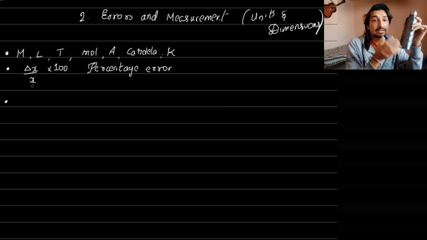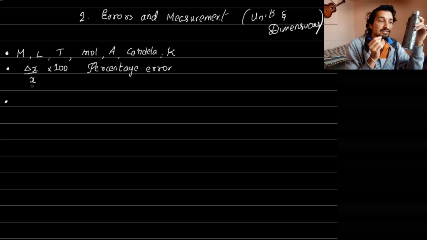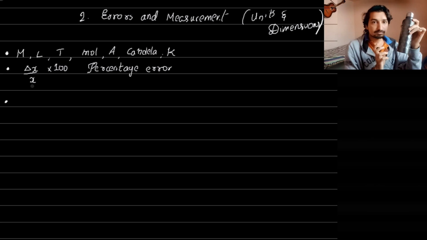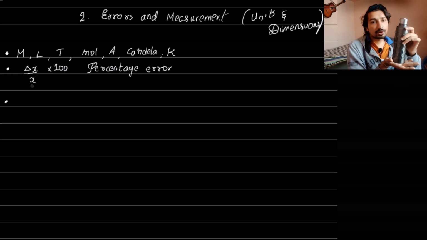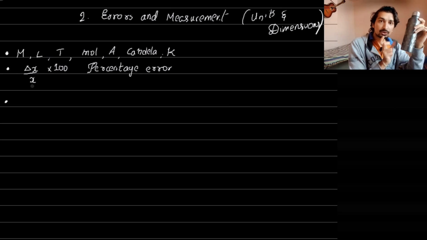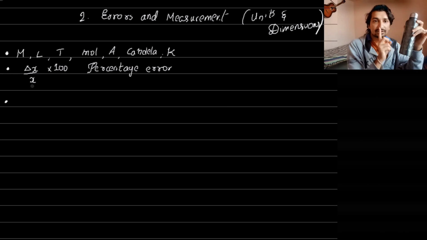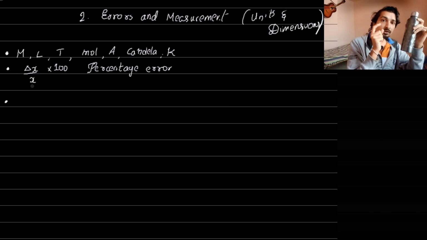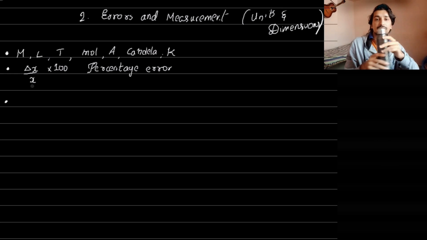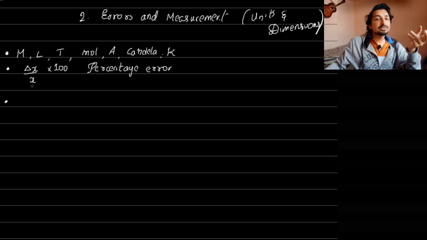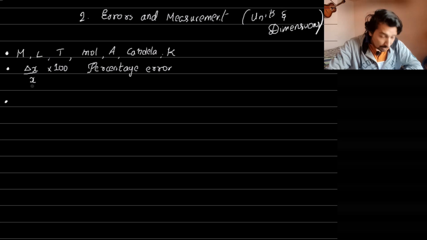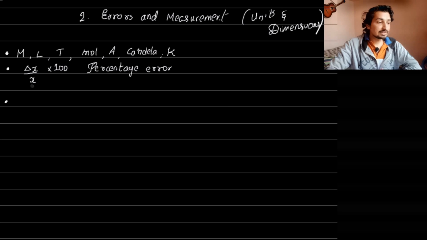I take the average and subtract each value from that average. Say I got the average 10.15. First reading was 10.1, so the difference is 0.05. Second reading was, say, 10.2, so 10.15 minus 10.2 is 0.05 again. Like that I get different values, and I take the average of all those, and that is called the absolute error. Okay, so that's how you do it.